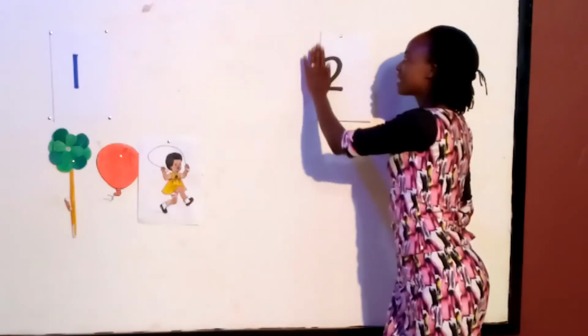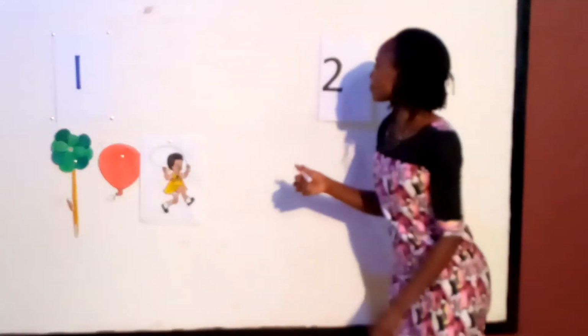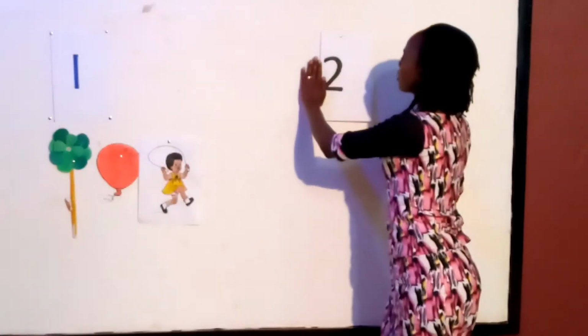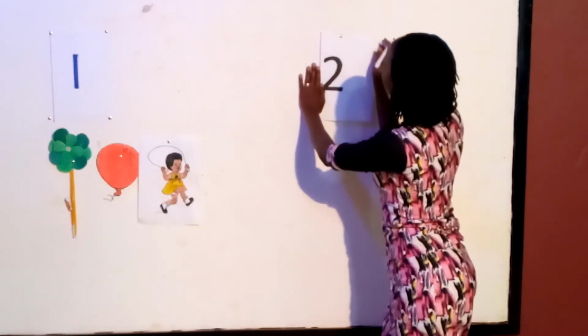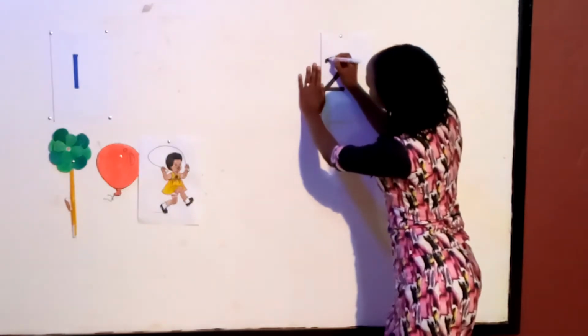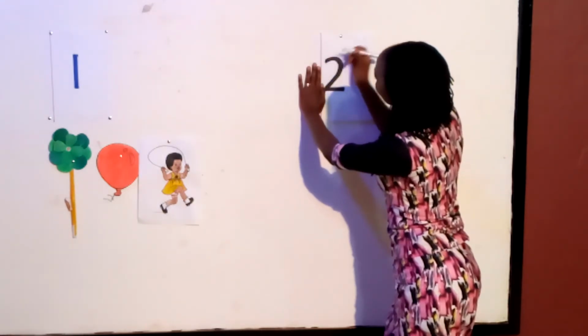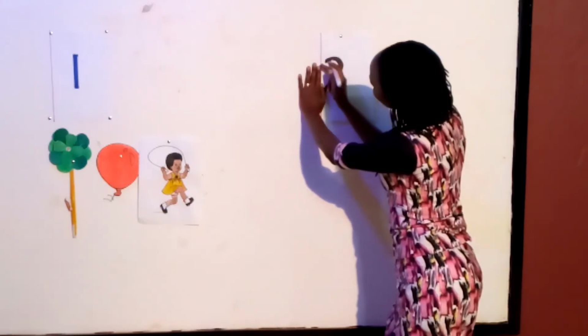Place the hand that does not write on the margin line and hold your pencil with the other hand. So my other hand is on the margin line, and the hand that writes starts near the margin. We do not start from here, moving this side. Start near the margin, just after the margin.